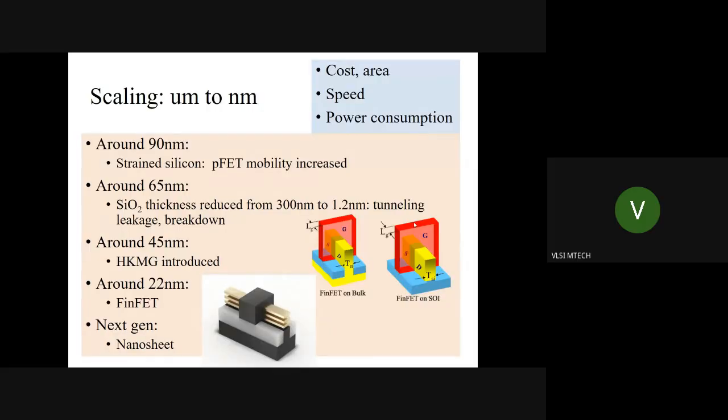So around the 45 nanometer node, they introduced the high-K metal gate, which right now is hafnium dioxide. These sort of materials are insulators with a very high permittivity. So what that does is, keeping the same effective oxide thickness, I can actually have a thicker physical oxide.